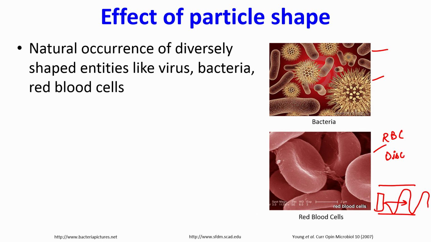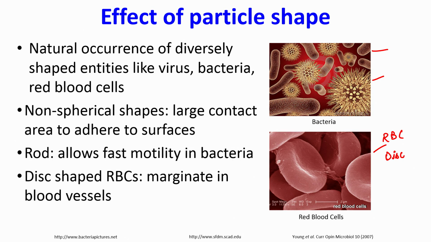So that is why we see that different natural particles are of different shapes depending on what their role is in nature, and over millions of years of evolution they have acquired that particular shape. Again, as I said, for bacteria non-spherical shapes also offer a large contact area with the surface.